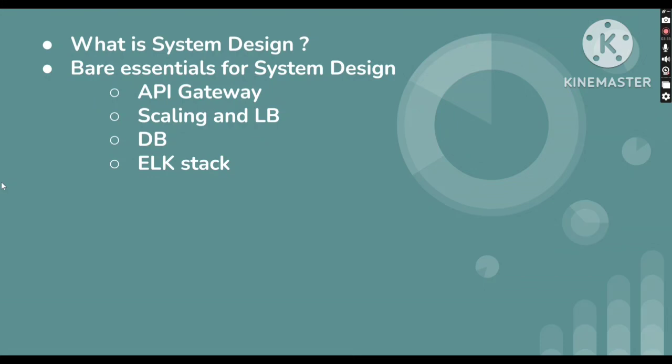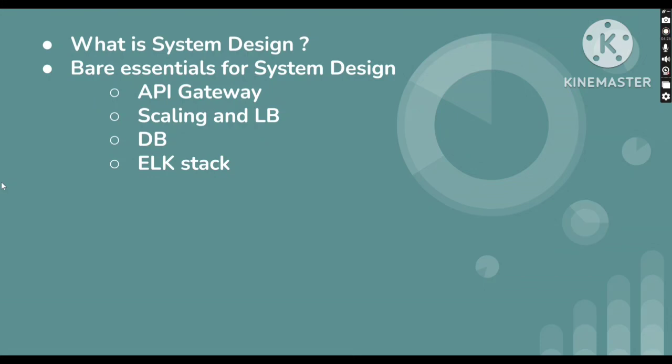We will be discussing a generic system design, which essentially will cover all the components that are generally used across a large number of systems. And before that, let's start with the bare essentials of a system design.